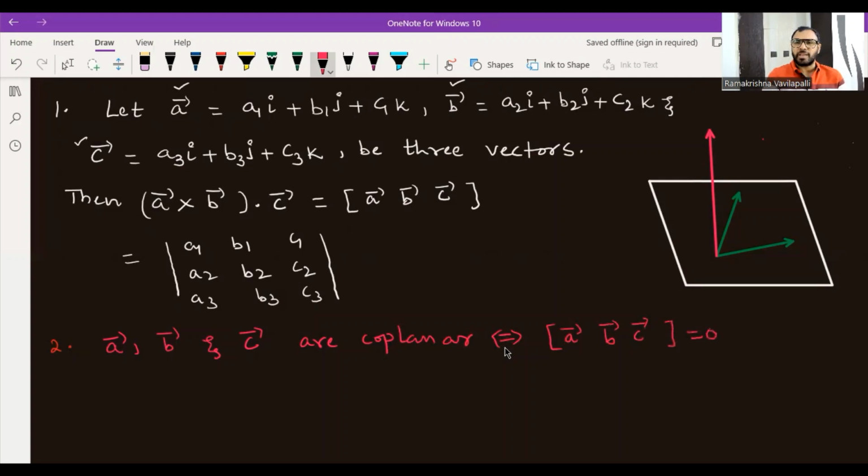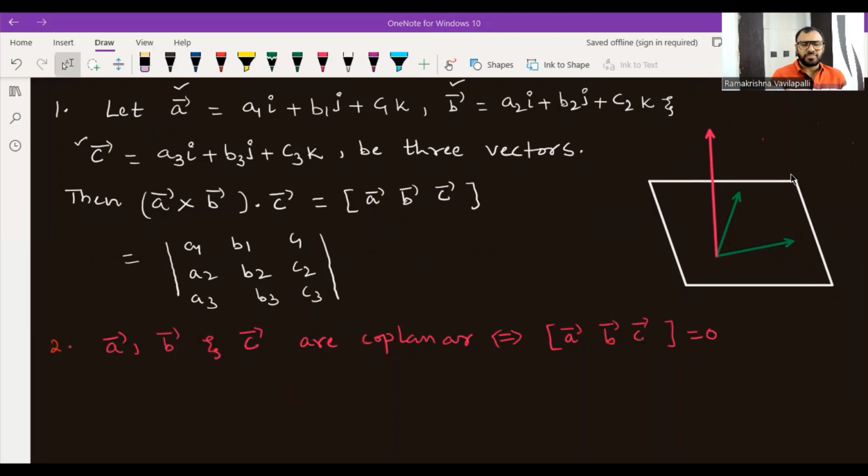Of course, we can explain using a system of equations also, but to understand the concept, this becomes very simple. So, how do we prove that 3 vectors are coplanar? Then box ABC equal to 0. And of course, vice versa.